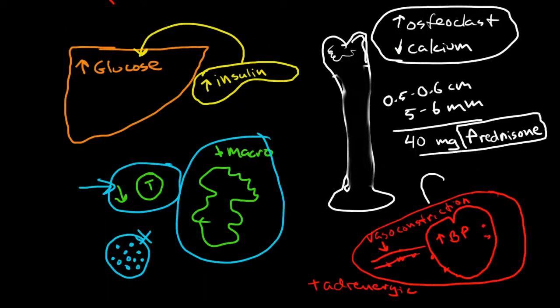The effects are going to be what we just discussed: increased glucose concentrations in the blood because of effects on the liver and the pancreas, immunodepression, osteoporosis, increased vasomotor tone and heart rate, and amenorrhea and infertility.